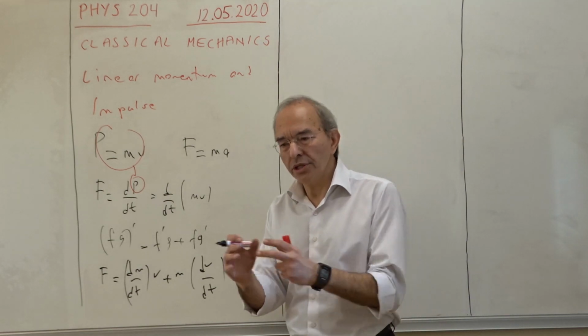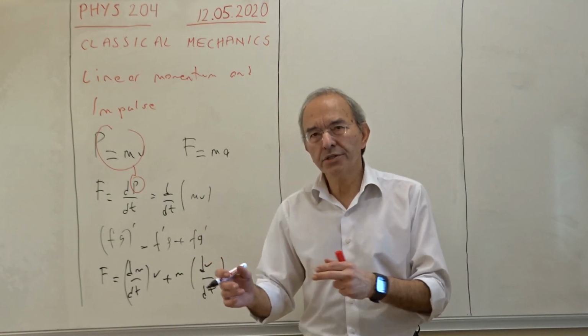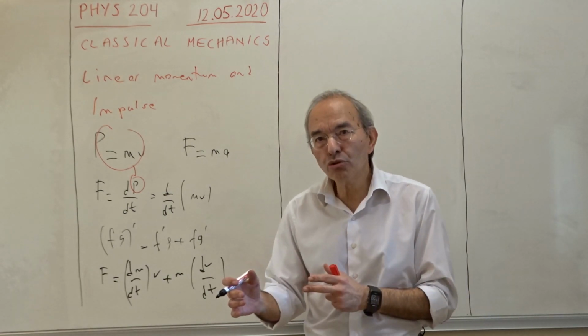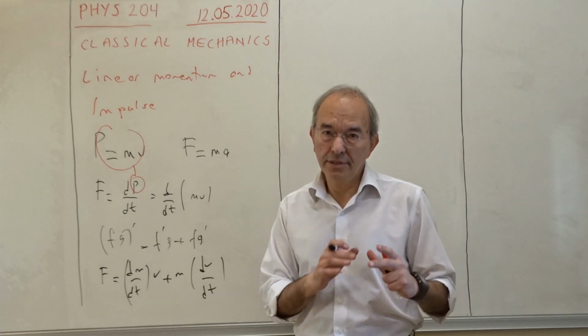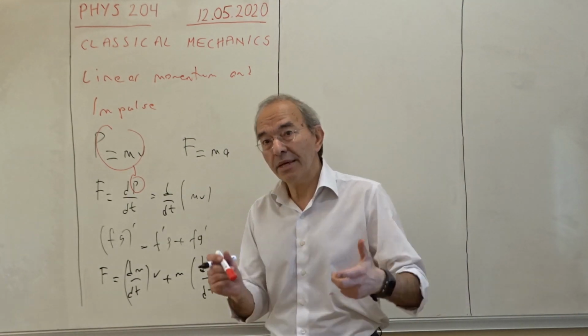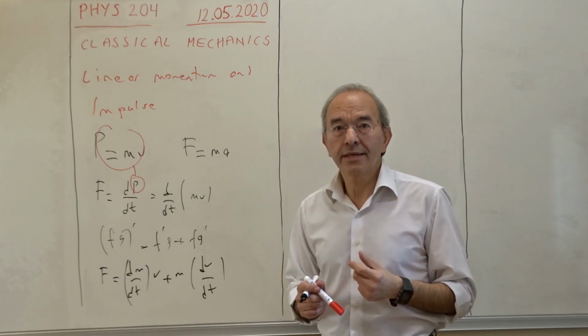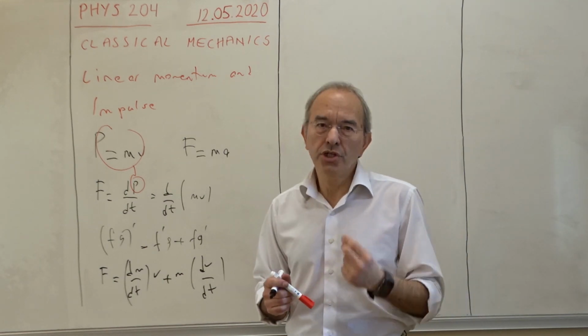If you have a ball, it is always the same ball, for instance, moving. Or if you have a car, it is the same car. It doesn't lose or gain any mass, normally, in those cases. But now, in classical mechanics, let's be interested in a bit more complex cases where the mass is also changing.